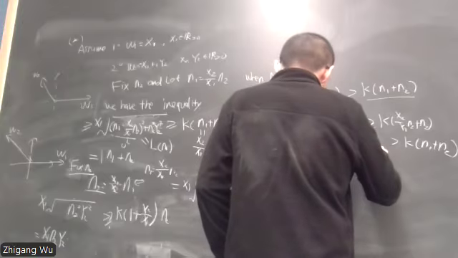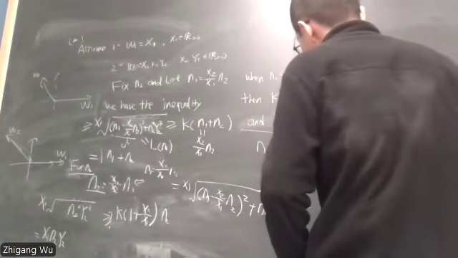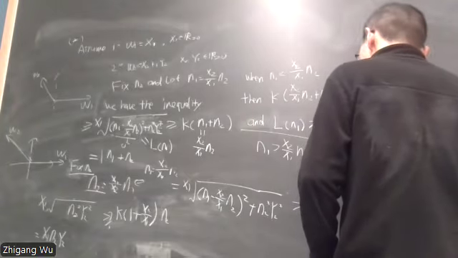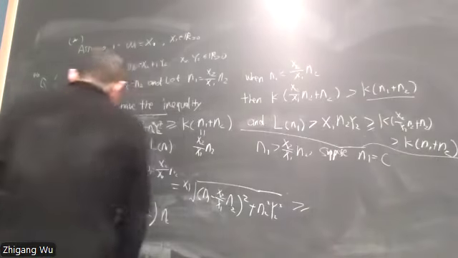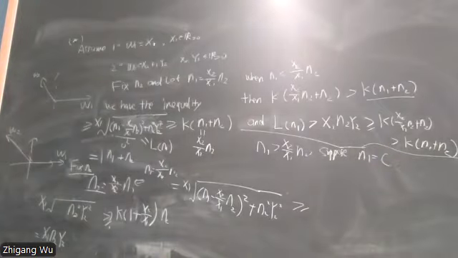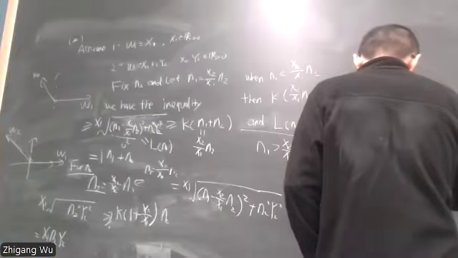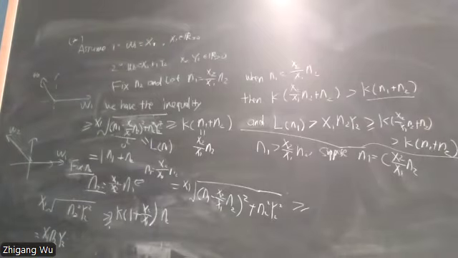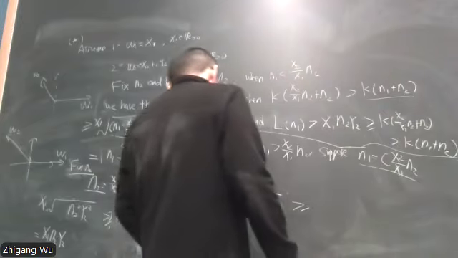Suppose that we have N1 is equal to, let's say, C times, do I really need this? Let's keep that. Some constant C. So I want to analyze the situation for the C, right?